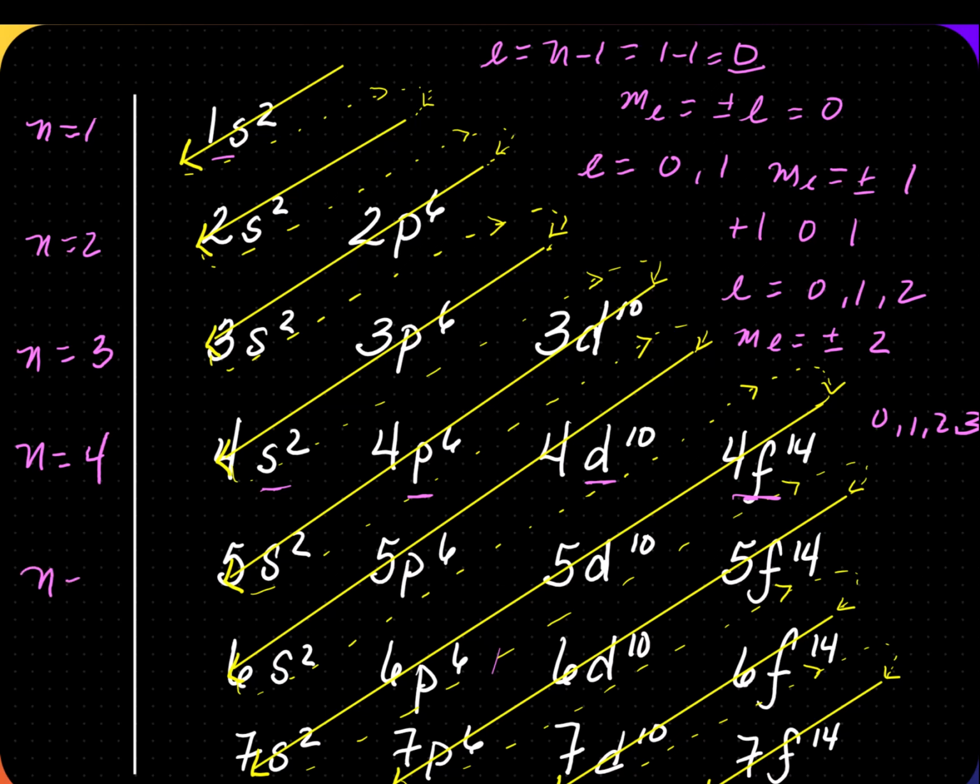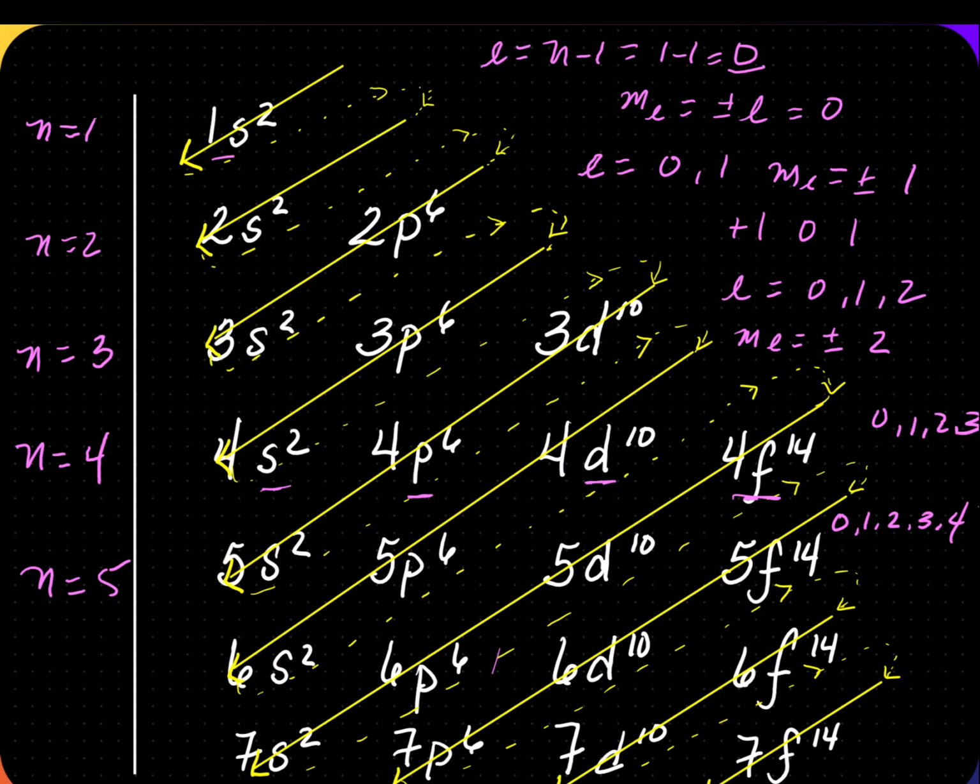When n is equal to 5, the possible values for L are going to be 0, 1, 2, 3, and 4. Because L is n minus 1, so 5 minus 1 is 4.